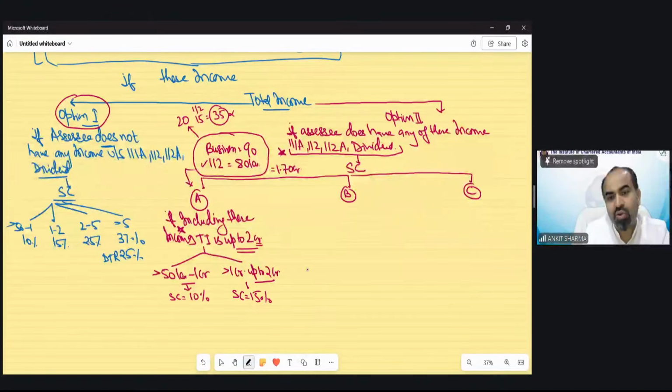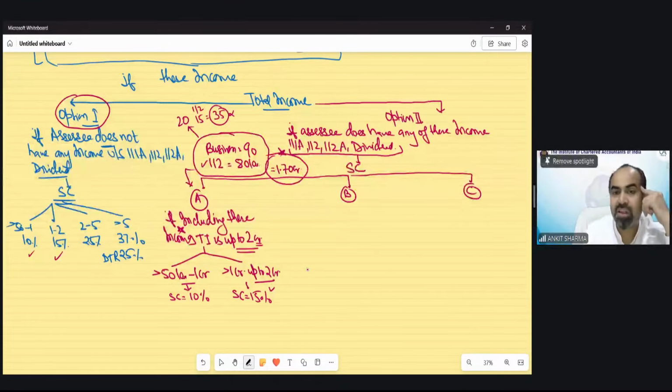So you can see there is no new concept. The same concept was here and the same rates are here. In my example, because it's 1.7 crores, this case would be applicable. Whatever would be the tax on 1.7 crore, the surcharge would be 15% of it.